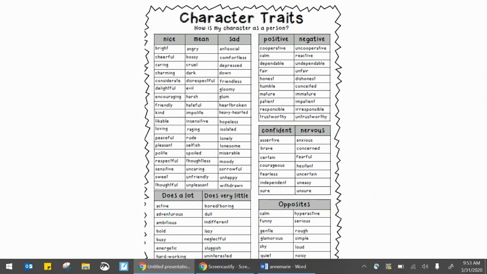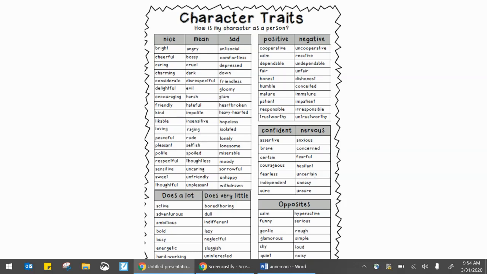Now, moving on to character traits. I want you to look at this character trait chart and pick a word for Anne Marie's little sister today. Her sister's name is Kirsty, and we all love Kirsty. I love Kirsty because when I read this story, I think about how sassy and funny and silly she is.